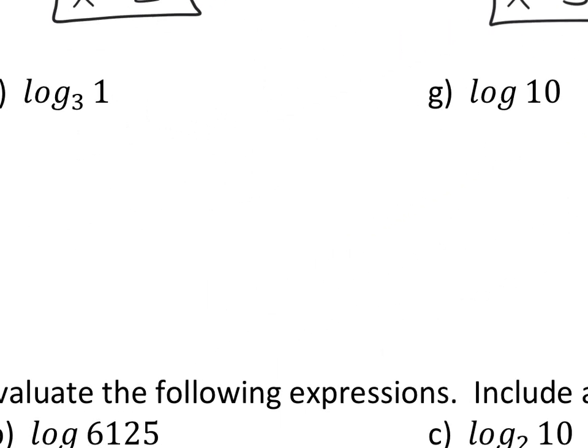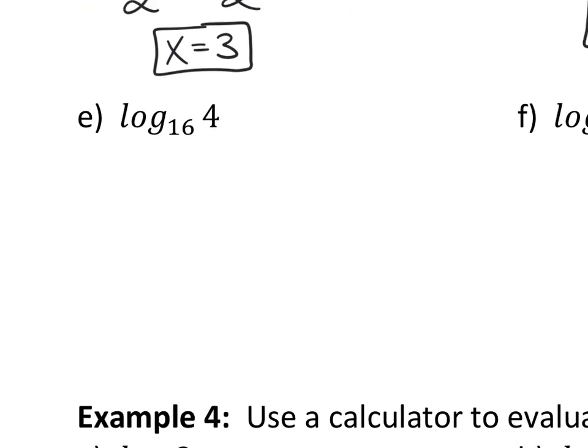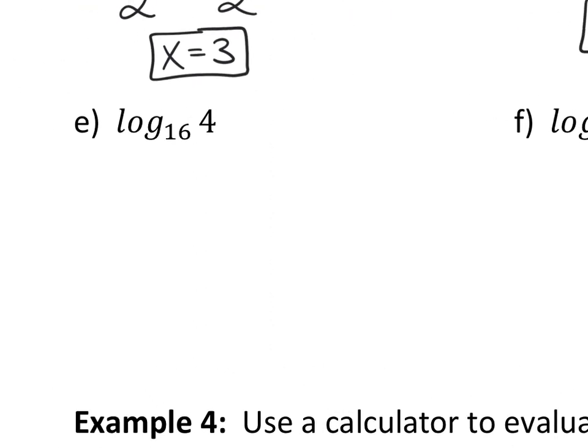The next row starts with log base 16 of 4. We want to know what this would evaluate to. Well, the base is 16. We have 16 raised to some power equal to 4. Again, I want to write the evaluated number here as a base of 16.